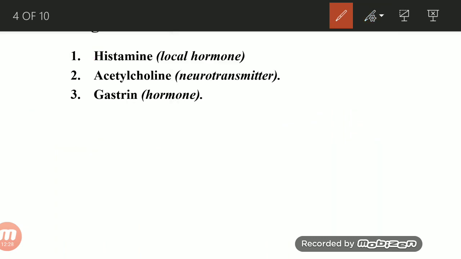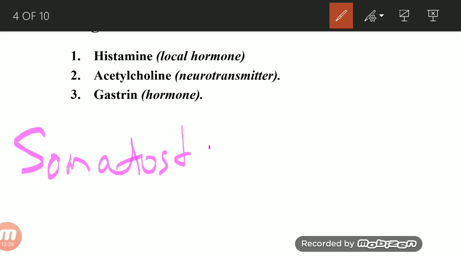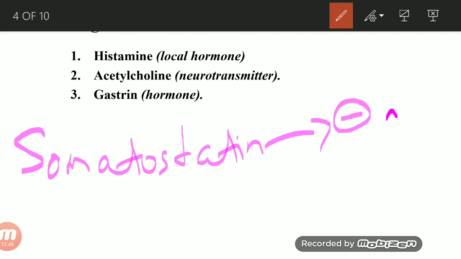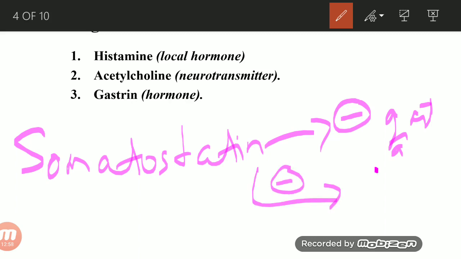Out of all this, you also have another hormone, okay, which is your somatostatin. Okay, somatostatin, whenever your secretion of somatostatin takes place, it inhibits your gastric acid secretion, as well as it inhibits your secretion of gastrin.